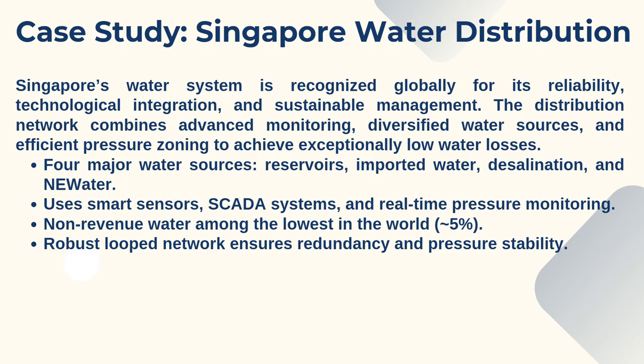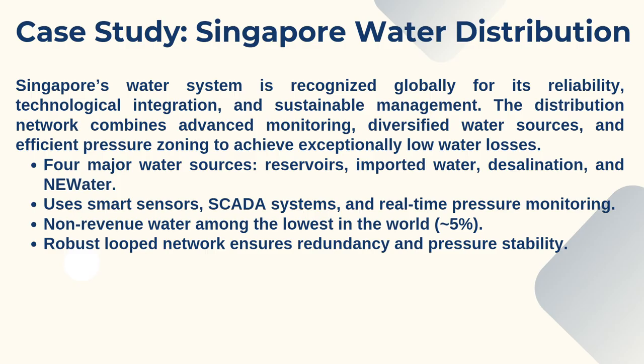Alright, this one is the case study of Singapore water distribution. The Singapore water system is recognized globally for its reliability, technological integration, and also sustainable management. The distribution network combines advanced monitoring, diversified water resources, and also efficient pressure zoning to achieve exceptionally low water losses.